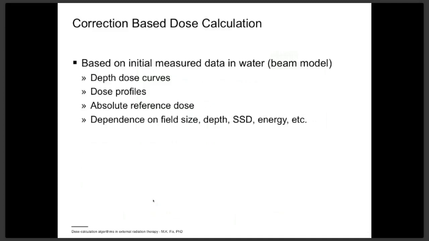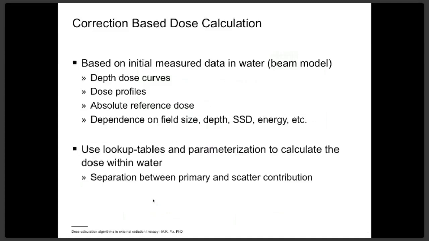If we have done all these initial measurements in water, we need to come up with lookup tables and parameterization in order to calculate the dose within the water system for a field shape given by the patient-specific situation. Also in this, we will see that there is the method of separation between primary and scatter contribution.